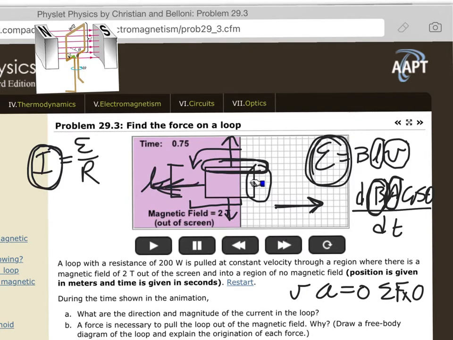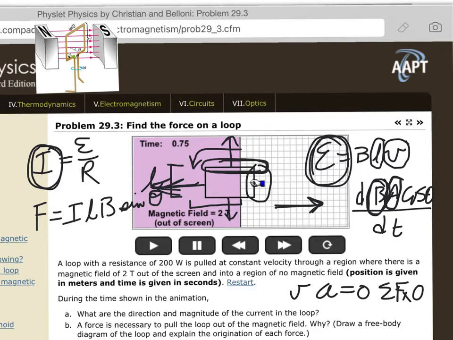And what is the magnitude of that force? The magnitude will be given by F equals IL cross B, or ILB sine theta. Of course, the theta here is 90 degrees. The L you need to measure.